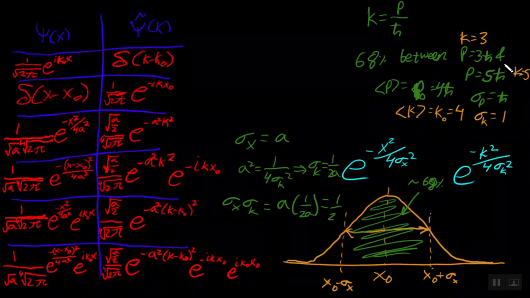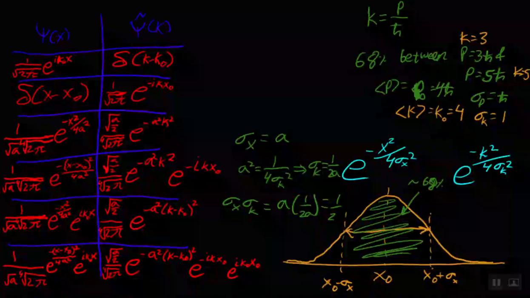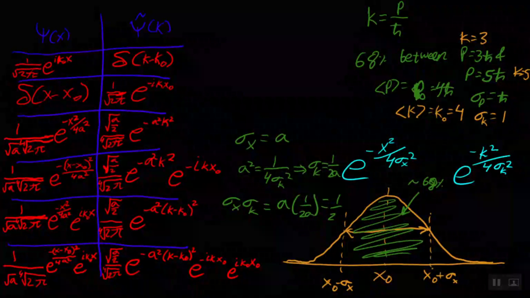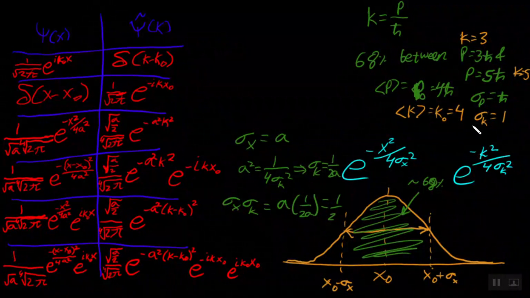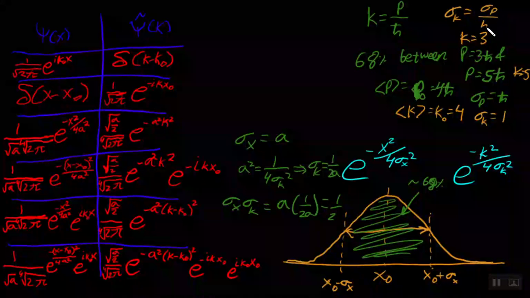It's a 68% chance of being within 1 of our value of k. This was just an example to show that just like k equals p over ħ, σk equals σp over ħ, right? That should make sense.